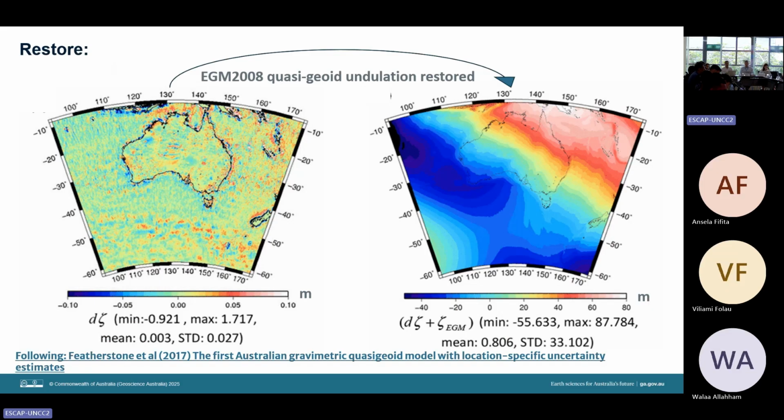So this is reinserting all degrees, medium, long, and short, into a single seamless model. And the result is the geoid or quasi-geoid that carries that trusted long wavelength information from EGM 2008, as well as our local gravity data's fine detail. So yeah, ready to go for a GNSS heights application.